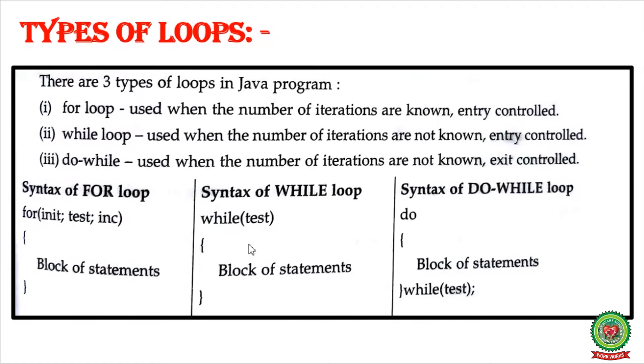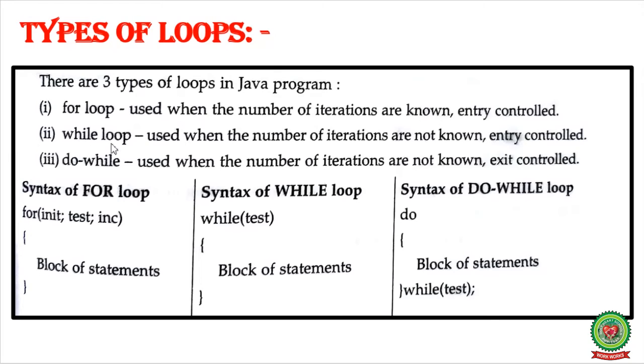Now, our first topic is types of loops. There are 3 types of loops in Java: for loop, while loop, do while loop. For loop is used when the number of iterations, means repetitions, is known, and this is known as an entry-controlled loop.